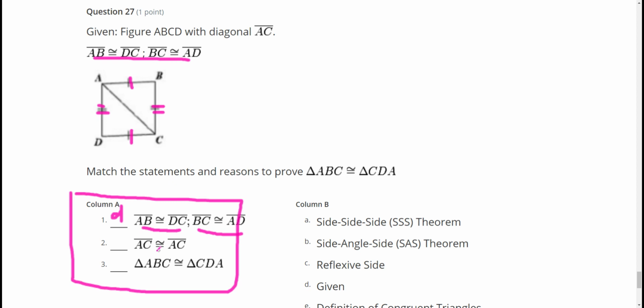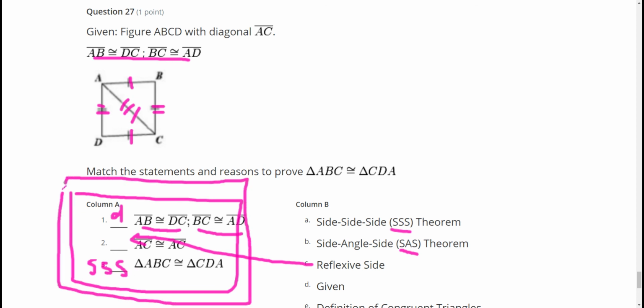And then AC and AC are congruent because of the reflexive side. This answer is asking you side, side, side or side angle side, which combination of those? Well, if you've labeled your picture, it's obvious. There are no angles labeled here. This is side, side, side. When you're doing proofs, you can't assume anything. You have to go based on what's in the proof.